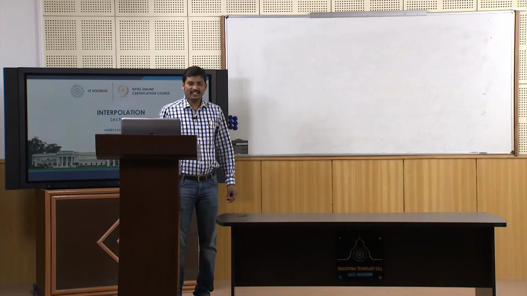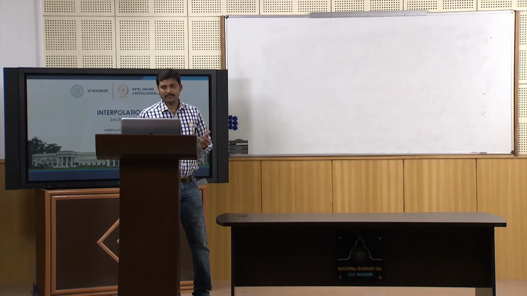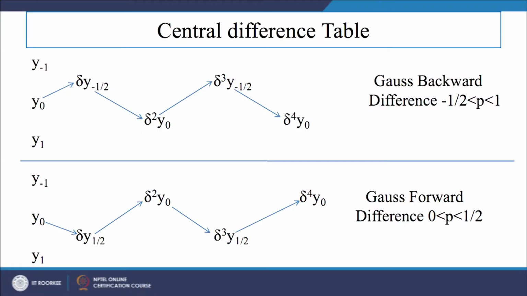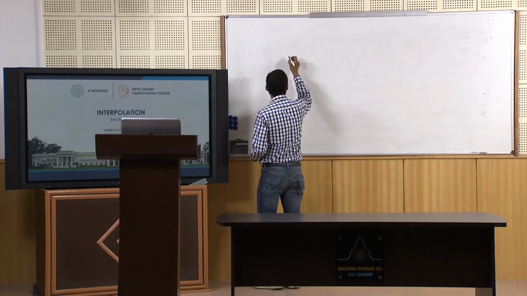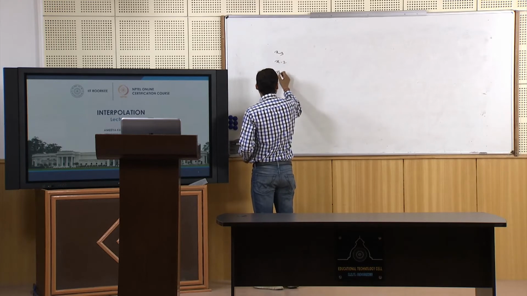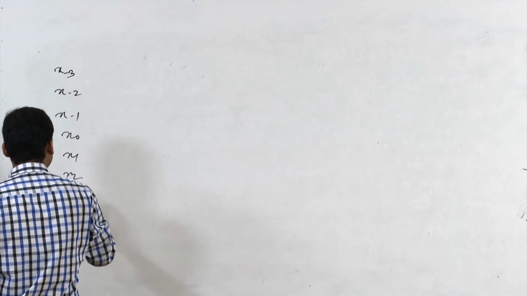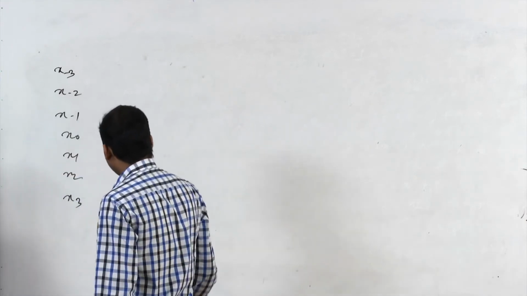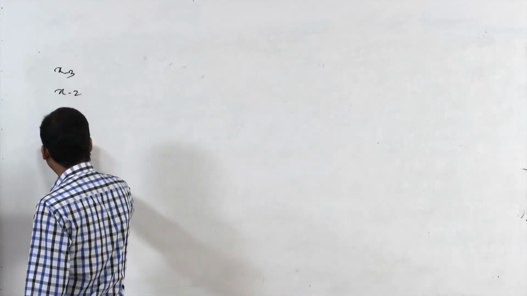If we write this central difference table in Gauss backward difference form, then the table can be written with the values x of -3, x of -2, x of -1, x0, x1, x2, x3, and we are computing this value at the middle of the table.